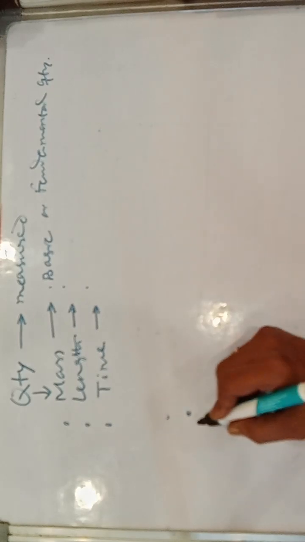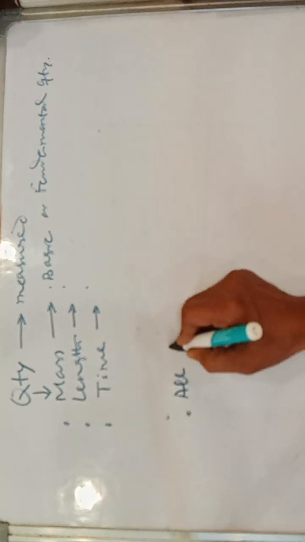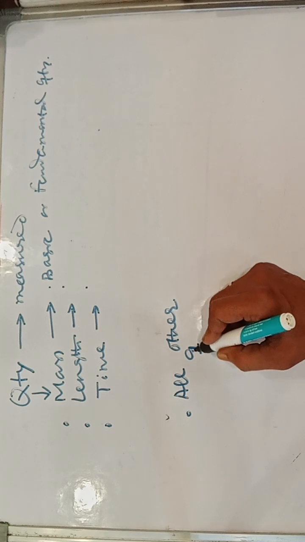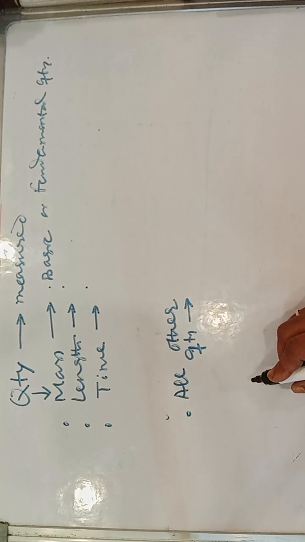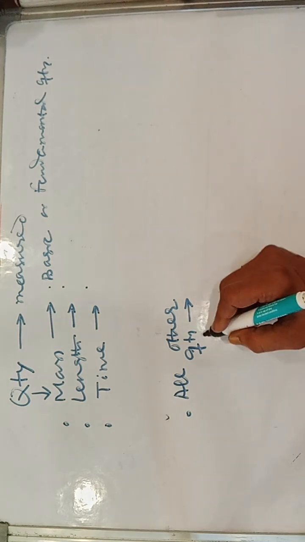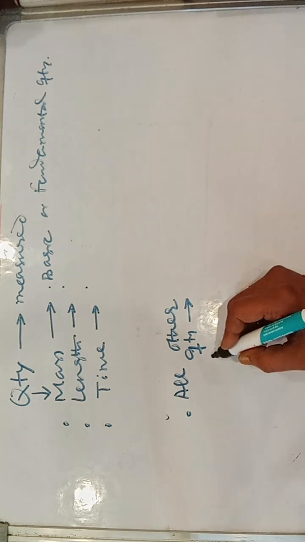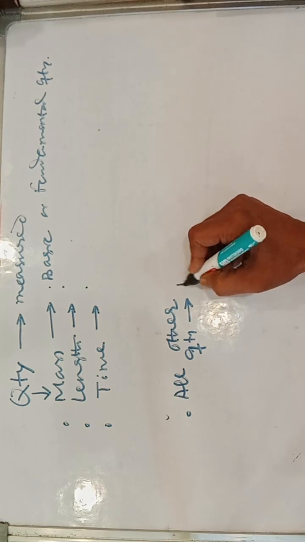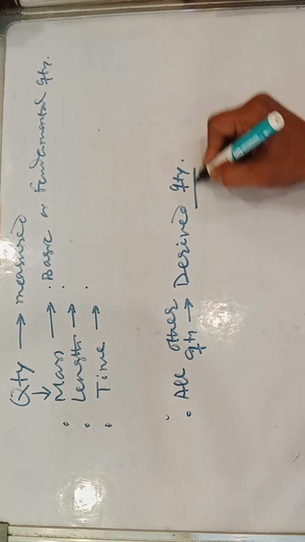All other quantities available in the physical world can be expressed in terms of these basic or fundamental quantities. They are termed as derived quantities.